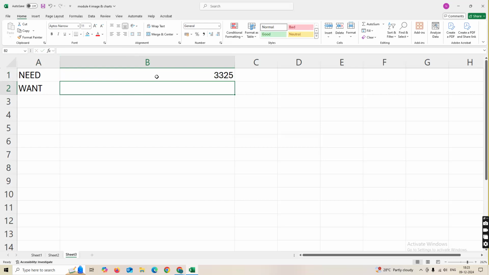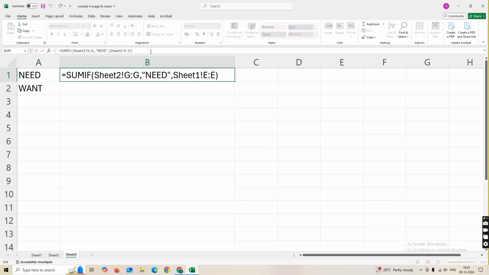So the formula you want is here. Just try applying the formula to your sheet, ma'am. My sheet, okay. So I have to go to another sheet, sheet number 2.